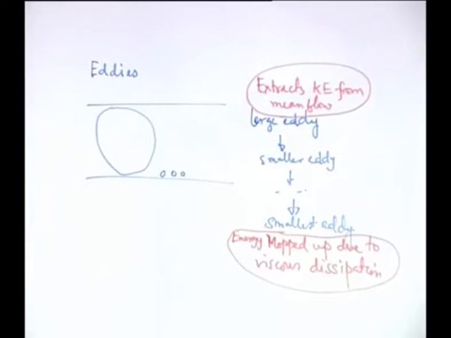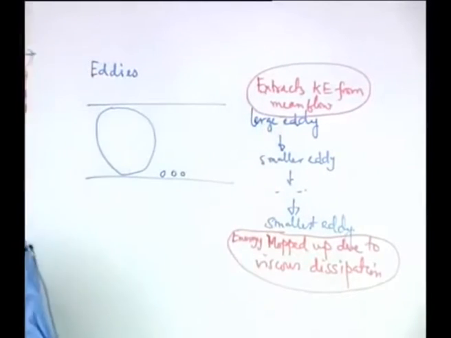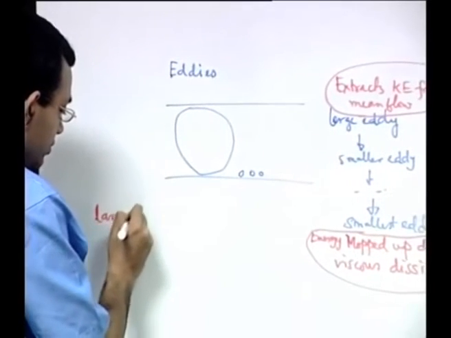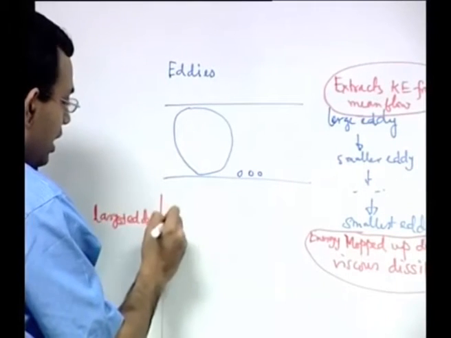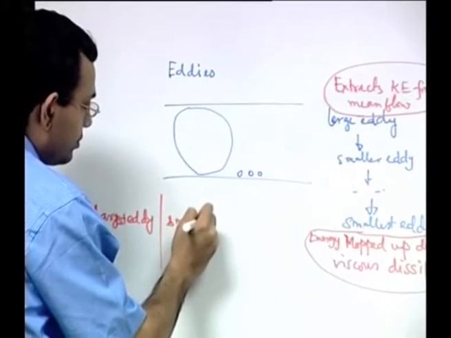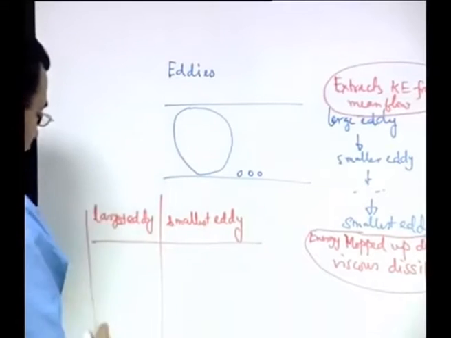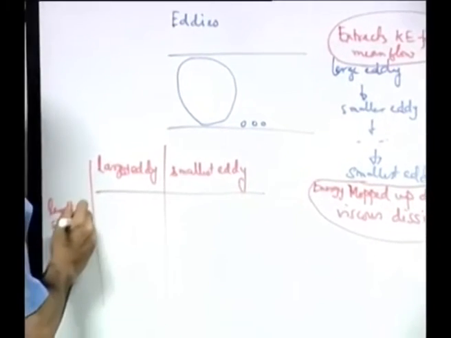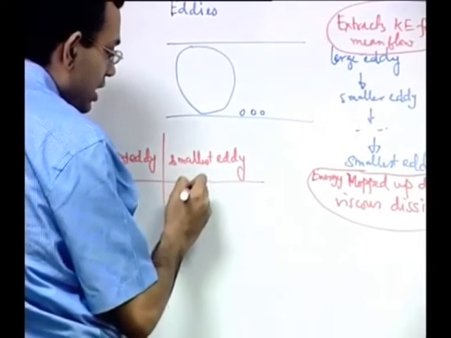For that we have to understand the differences in scales of the large eddy and the small eddy. Let us consider the largest eddy and the smallest eddy. Let us give names to the corresponding length scales: the largest eddy length scale as L and the smallest eddy length scale as eta.